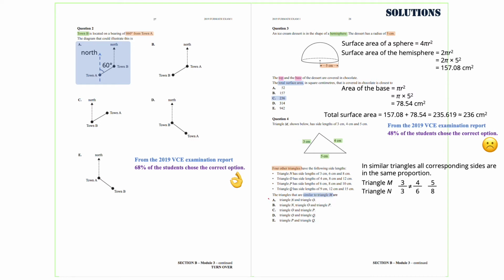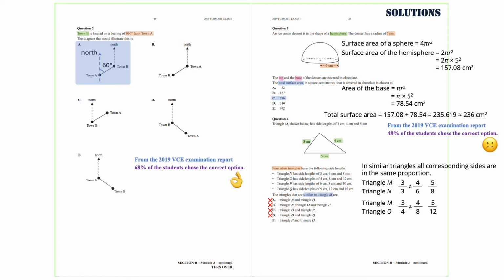So we can cross out options A and B. Now let's check the triangles M and O. Again, we write their sides in order from lowest to highest. And notice that the first ratio is 3:4 and the second ratio is 4:8. They are not equal, so the two triangles are not similar. Therefore, we can cross out options C and D.